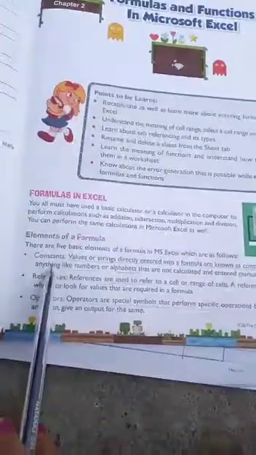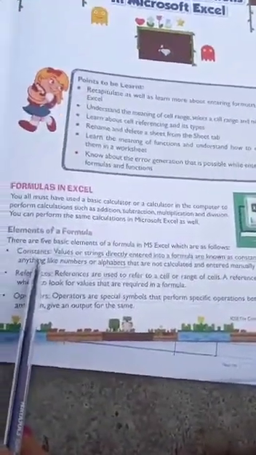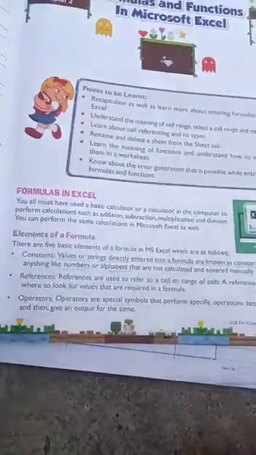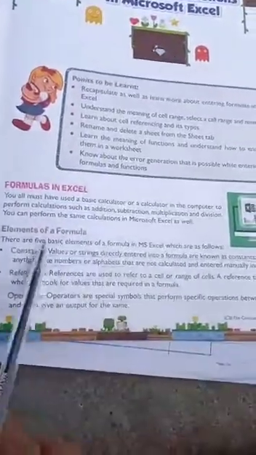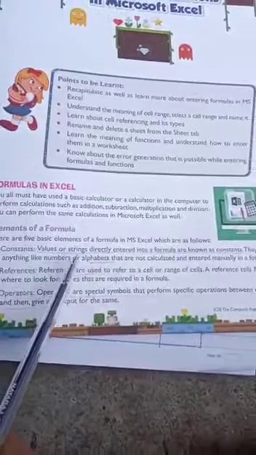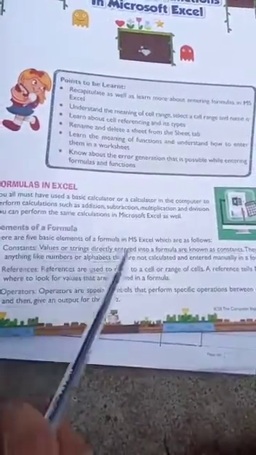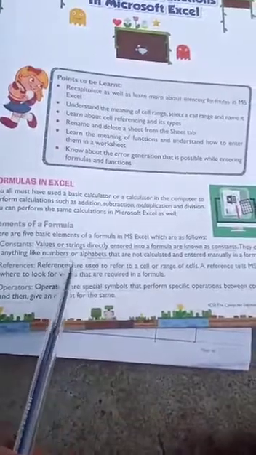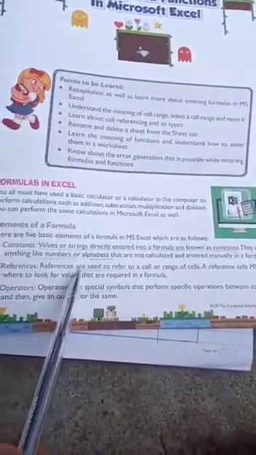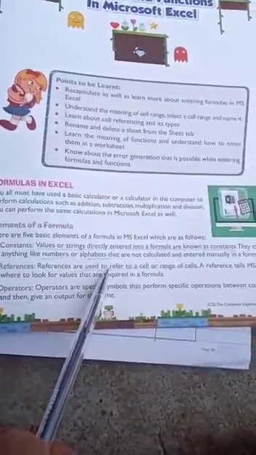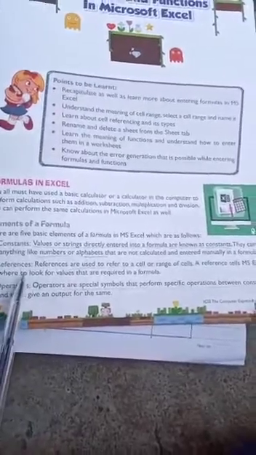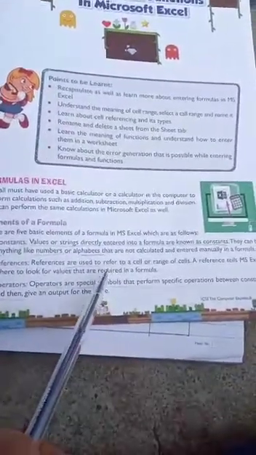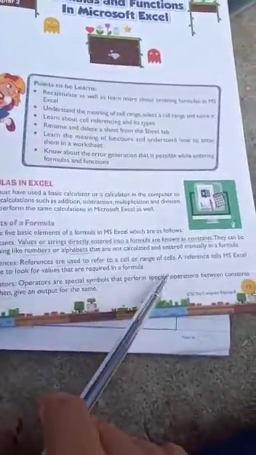Elements means whatever alphabets or numbers we insert into the formula. First is constant. Constants are the values or strings which you enter into the formula bar or in the rows or columns. Example, numbers or alphabets. Second, reference. References are used to refer to a range of cells.